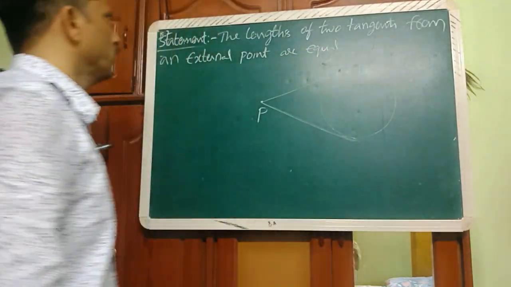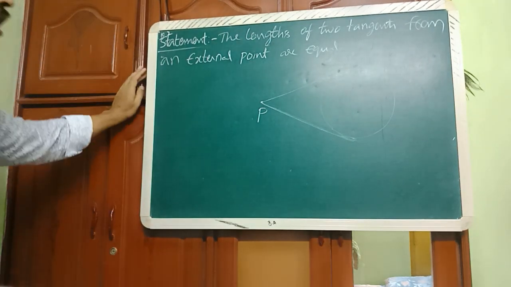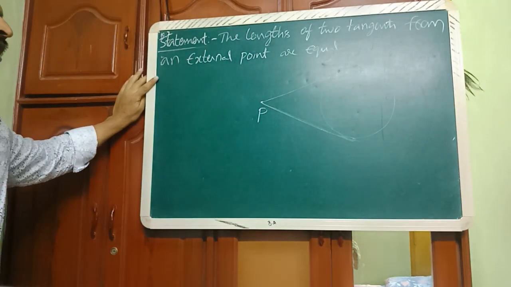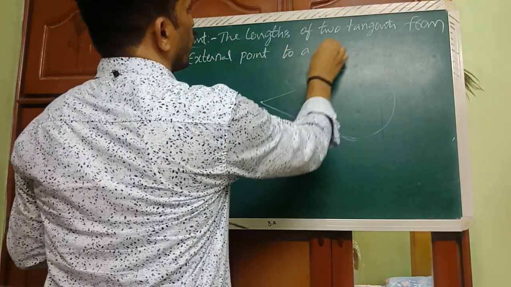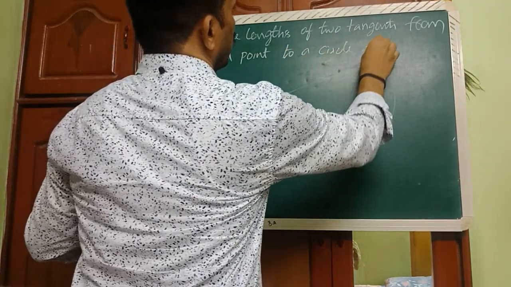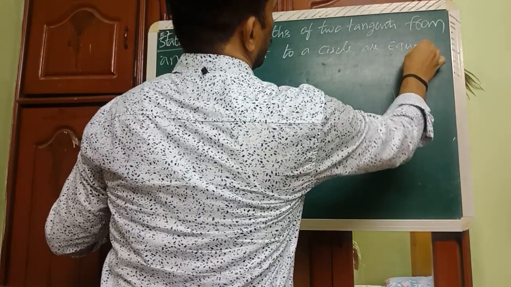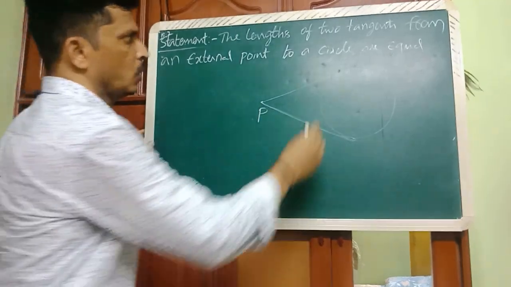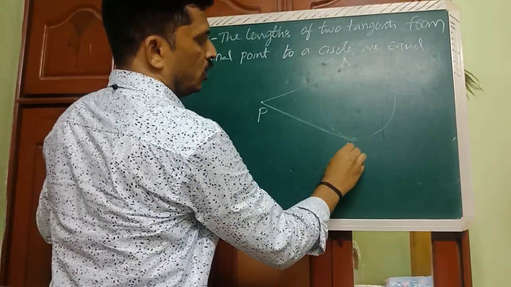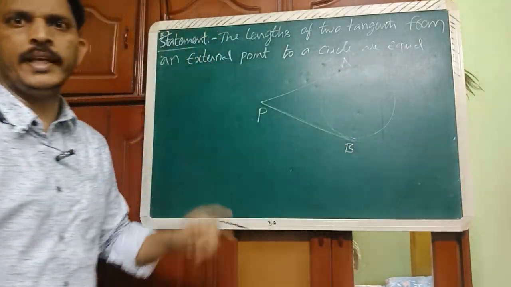So what is the 10.2 theorem statement? The lengths of tangents drawn from an external point to a circle are equal. So how many tangents are drawn here? 2 tangents. So these two are equal.